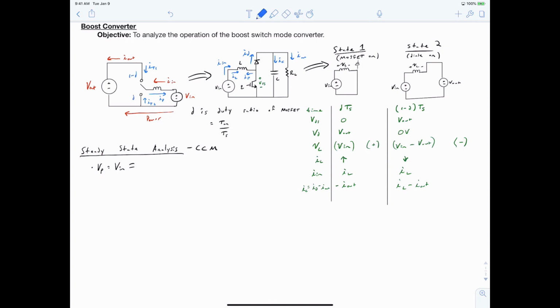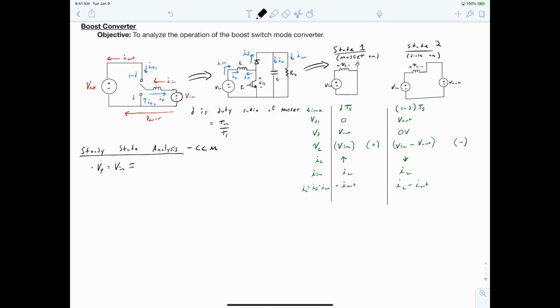Again, when our MOSFET is on, or during state 1, which occurs for D percent of the interval, our pole is connected to the bottom throw. When our MOSFET is off, our diode is on, and that occurs for 1 minus D percent of the interval. When the diode is on, the pole is connected to the top throw.